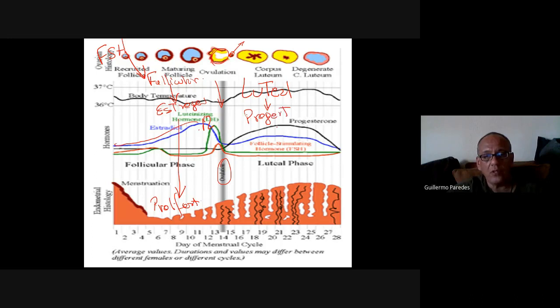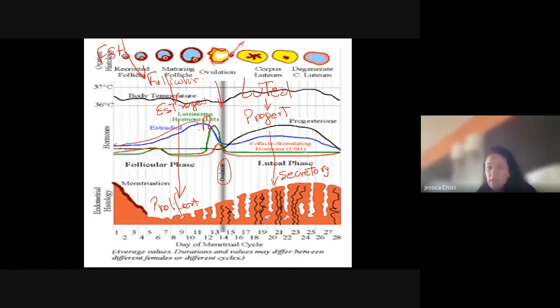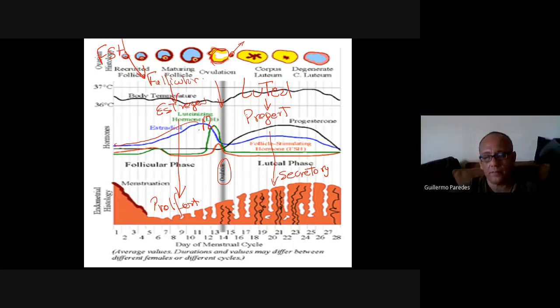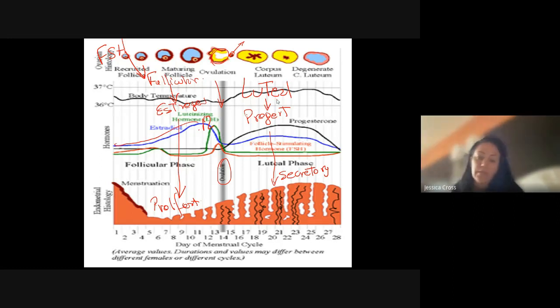And the progesterone is going to go to the endometrium to produce the secretory phase. The secretory phase produces the accumulation of glycogen. We okay with that? Yeah, so the secretory phase comes like on day 14. Yes, the secretory phase starts in day 14. You okay with that? Yes.